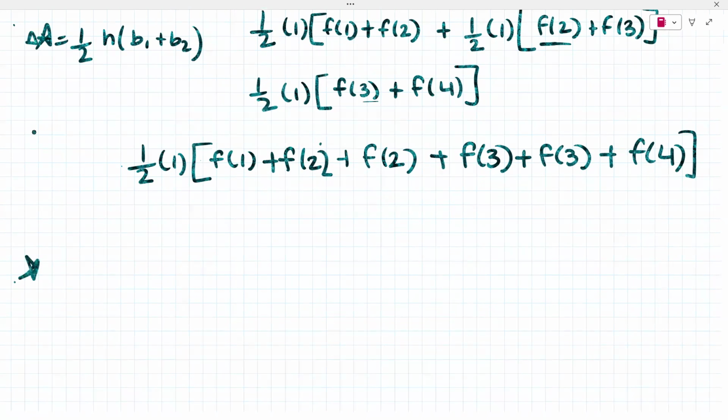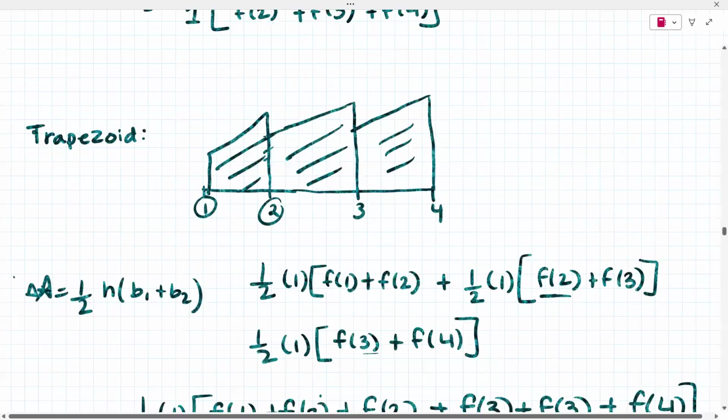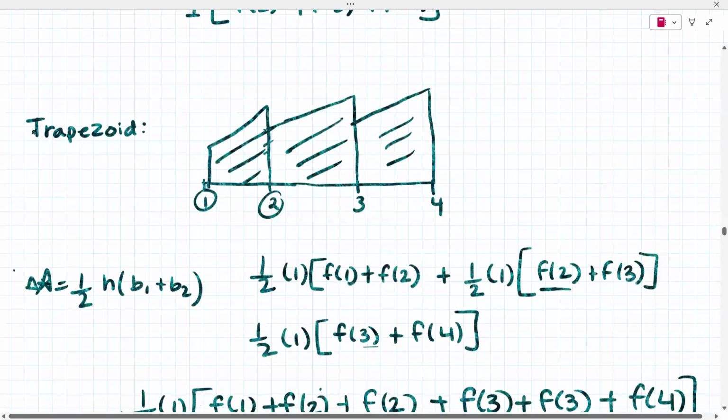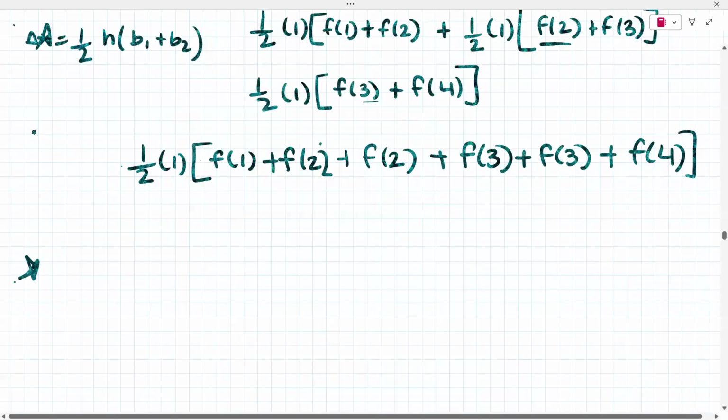If delta x is unequal or different, you must calculate each rectangle or trapezoid separately. So later on, you'll see an example where the delta x, or the distance from 1 to 2, might not be the same. You have to calculate each rectangle or trapezoid separately.